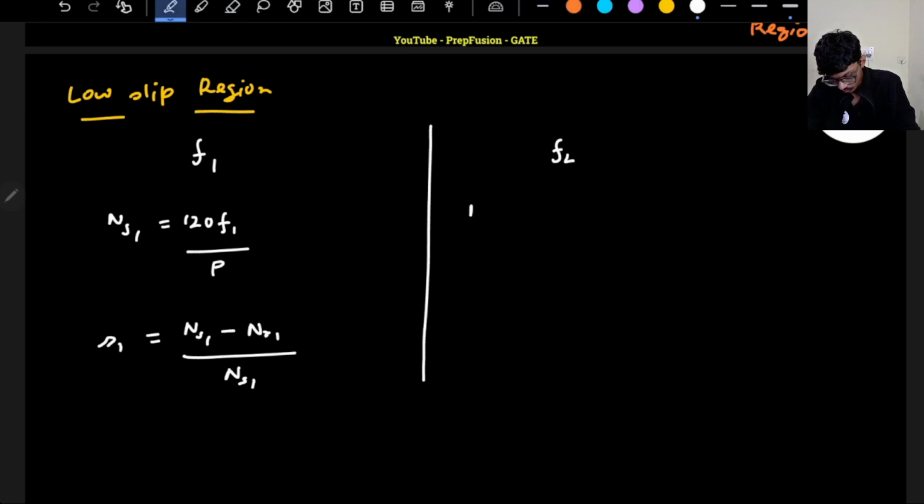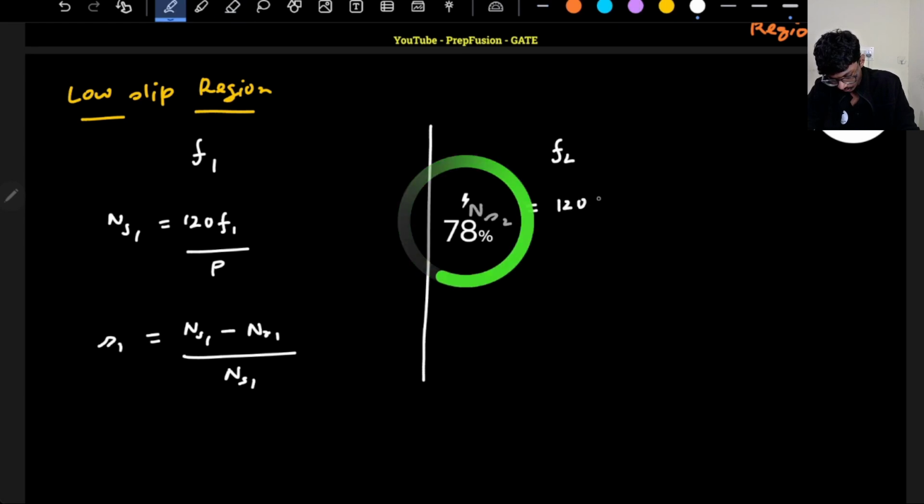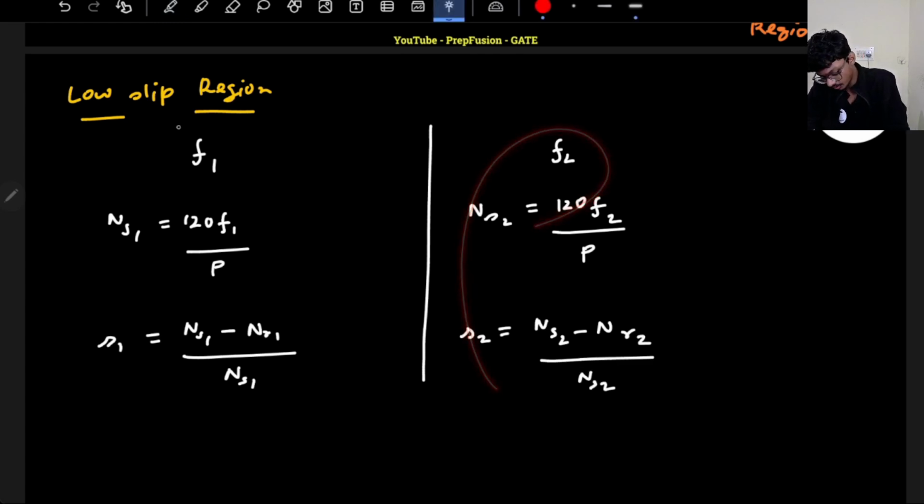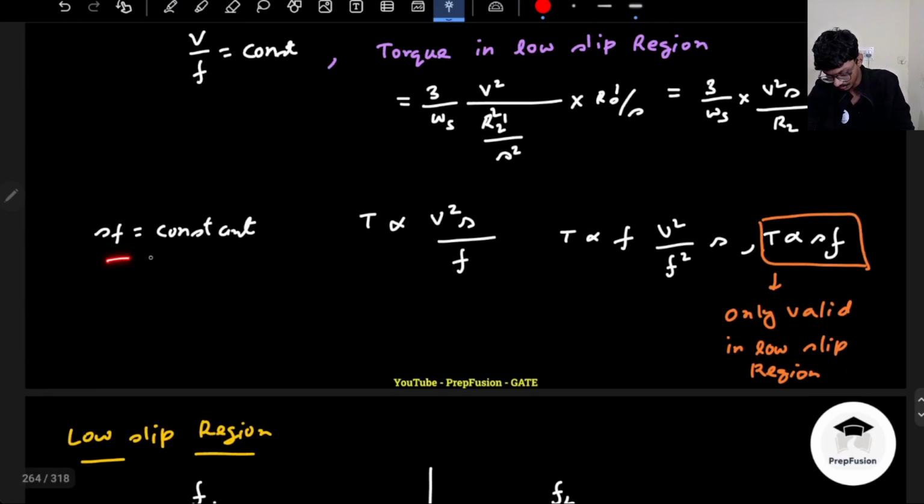So ns2 will be equal to 120 f2 divided by p, and s2 will be equal to ns2 minus nr2 divided by ns2. So basically s2 into f2 will be equal to s1 into f1. This has to be constant because load torque is constant, because torque is proportional to s into f.